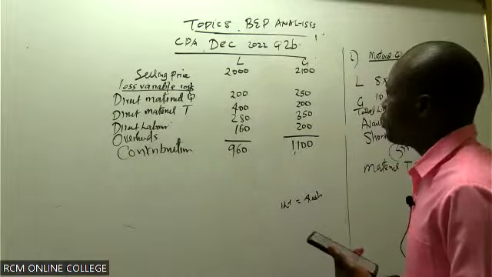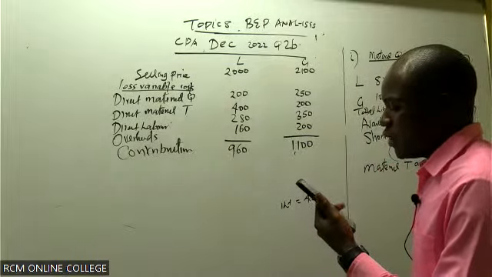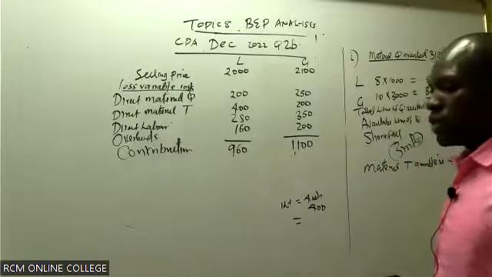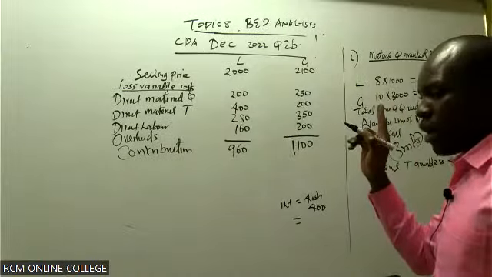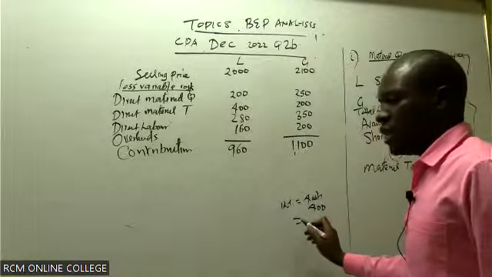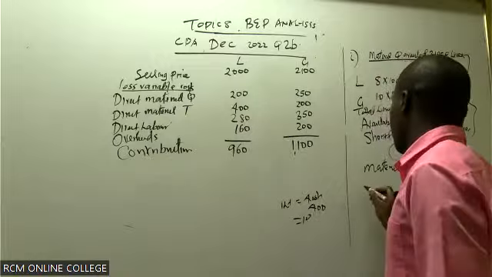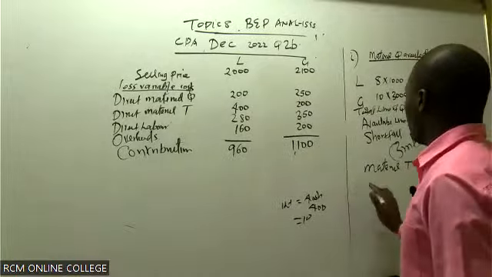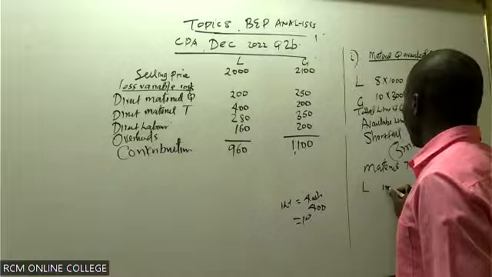They spent how much to produce L? They spent 400 shillings. So how many liters did they use to produce 1 unit? How many liters? 10, is it? So for them to produce L, they need 10 liters.